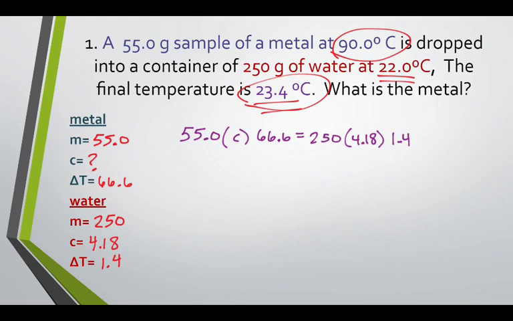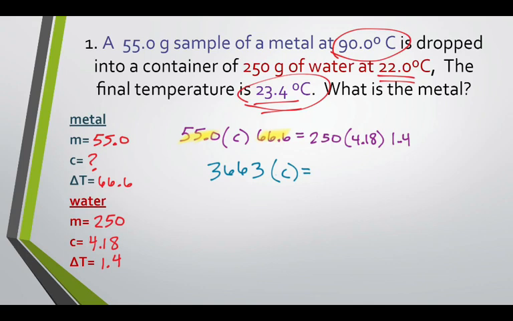And this is when your math teacher would probably use the words to combine like terms. Combine the numbers that are on the same side of the equal sign together. So I'm going to go ahead and multiply together this 55 times 66.6, which gets me 3663. That's also where my C is, so I'm going to leave that there because we still need to solve for that.